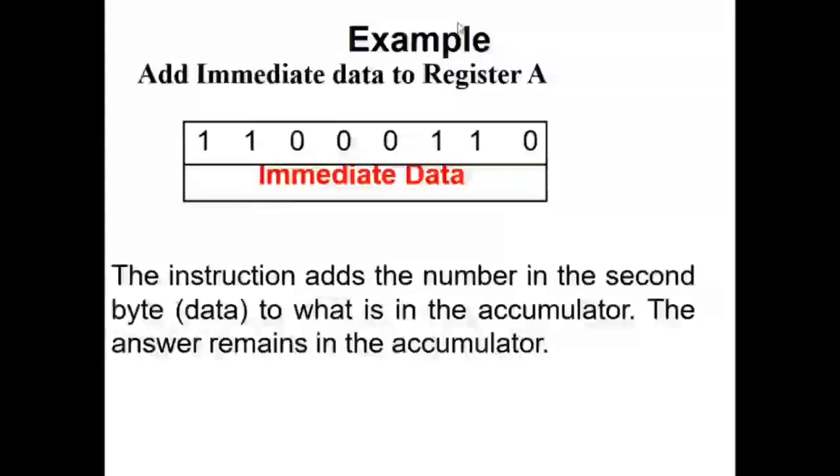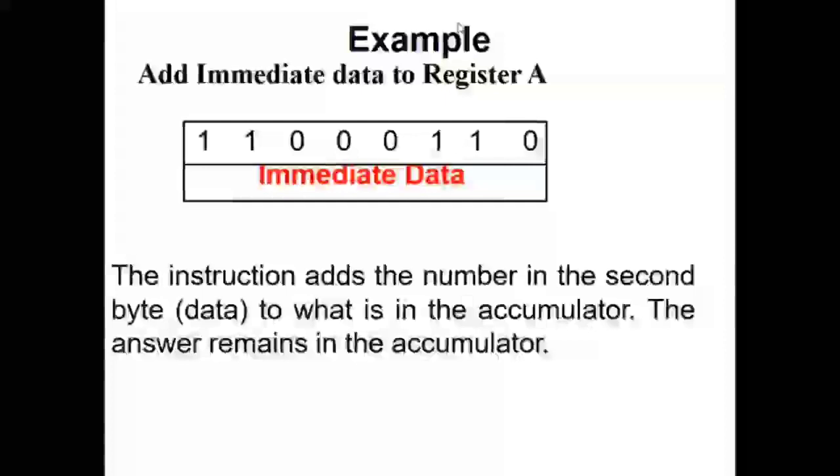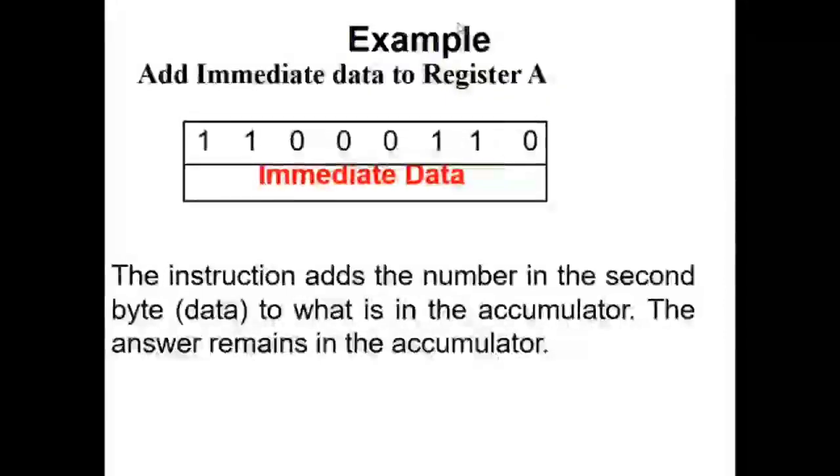Okay, so that is D to A. Then you add 5 to what is in A now. And then you put the answer into register E.